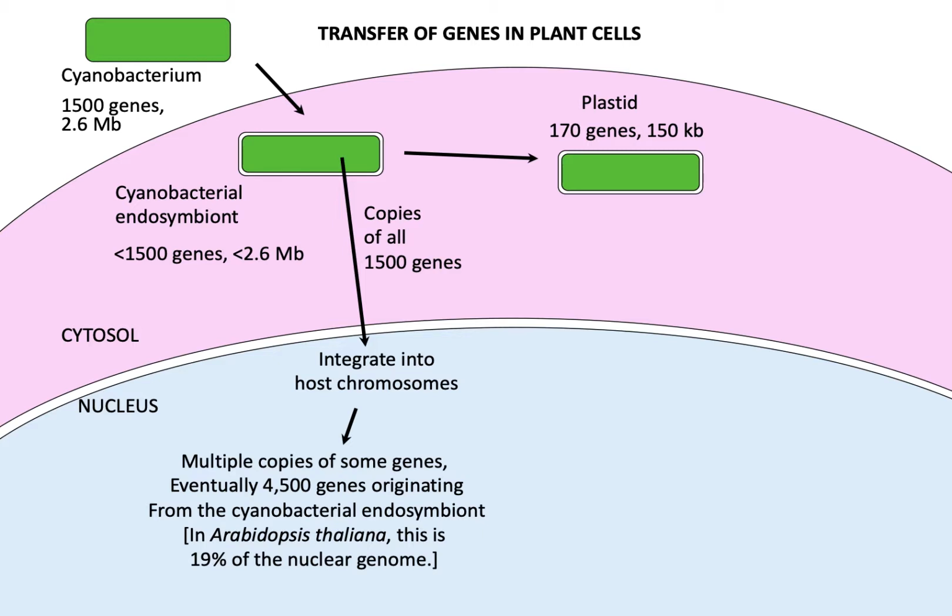So somewhat surprisingly, 19% of the nuclear genome of Arabidopsis consists of genes that moved there from the cyanobacterial endosymbiont.